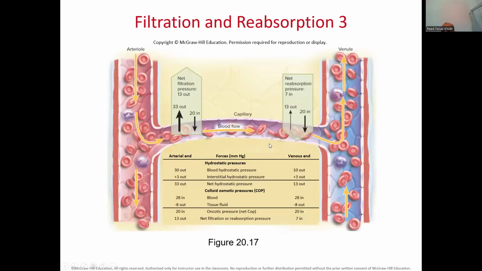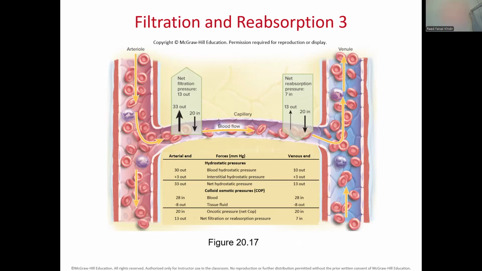Okay, filtration, we discussed that. This is what I was saying earlier. This is the bluish side, that's the venous circulation. That's the reddish side, that's the arterial circulation. So you're going to come in, there is a net filtration, hydrostatic pressure. You're squeezing the blood that's going to go into the tissue.